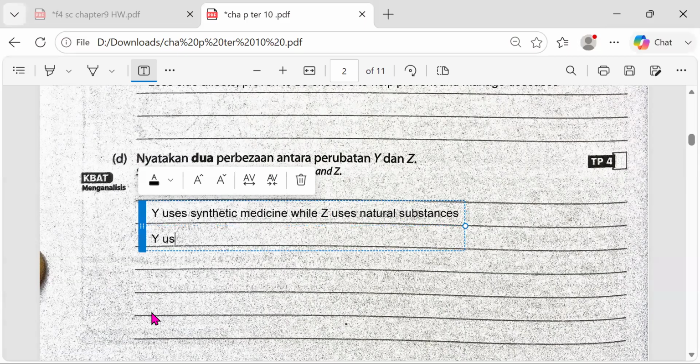Y uses surgery or laser treatment. Z uses a natural product.